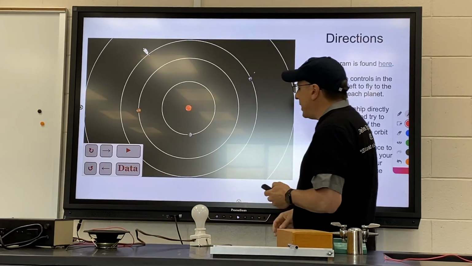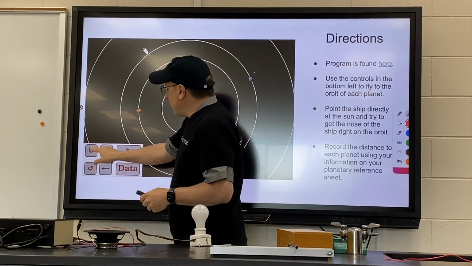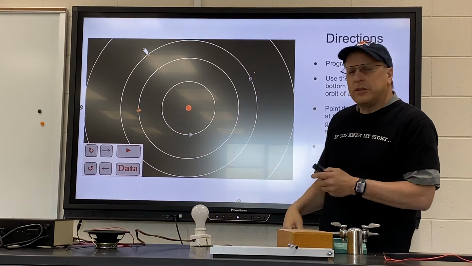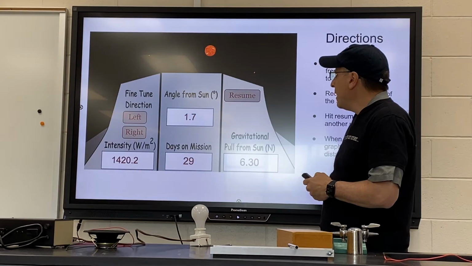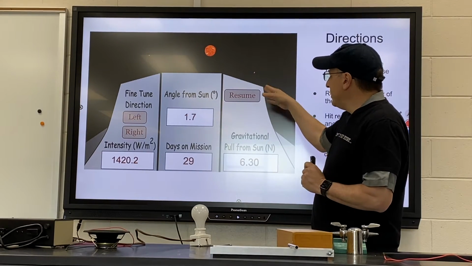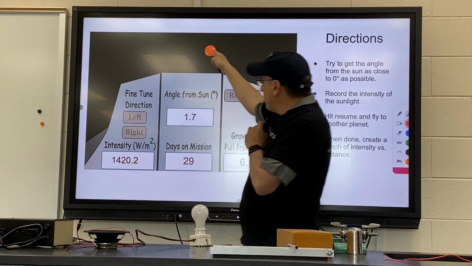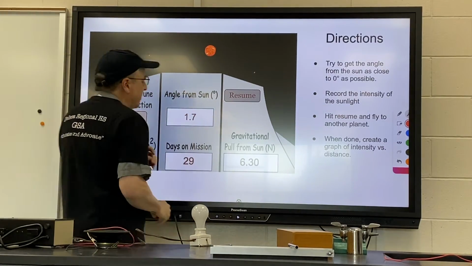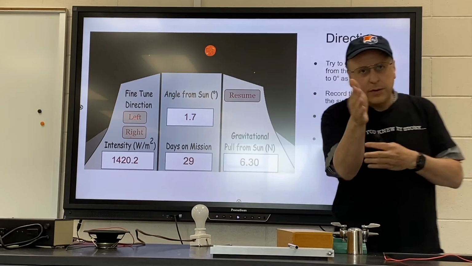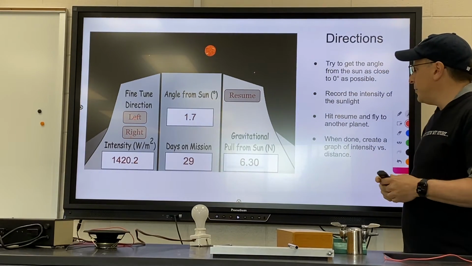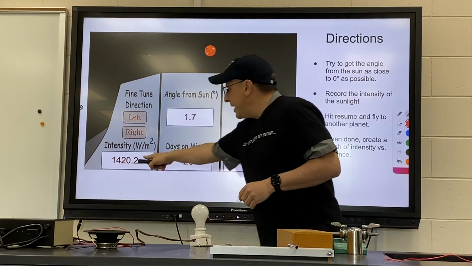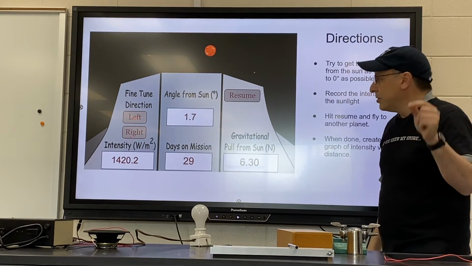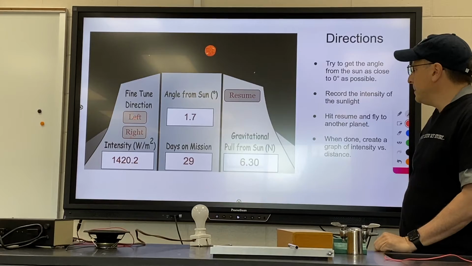So you can start out using these rotate commands to get your ship pointed generally in the direction of the sun. And then, when you're in this position, if you're not directly lined up at an angle of 0, hit the left or right button, whatever you need to make sure you're perfectly aligned with the sun. Do not write down your intensity until your ship is pointed with its sensor directly toward the sun.